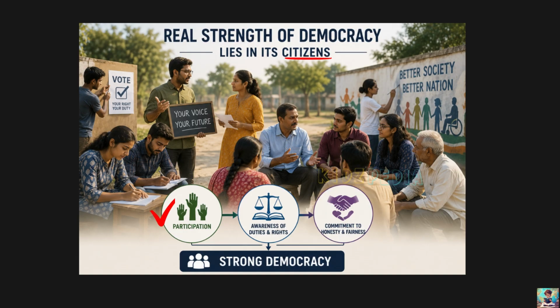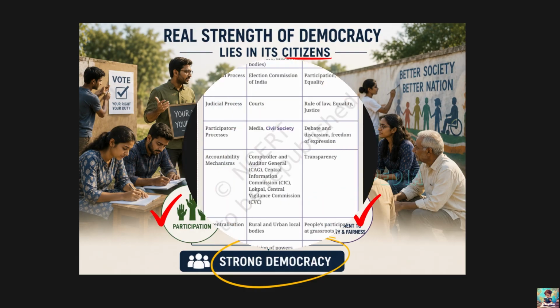For example, if people participate responsibly, understand their rights and duties, and act honestly and fairly, democracy becomes stronger. But if citizens are not aware, do not participate, or do not act responsibly, even the best democratic institutions may not produce meaningful results. So, the real strength of democracy is not only its institutions, it is also its citizens.